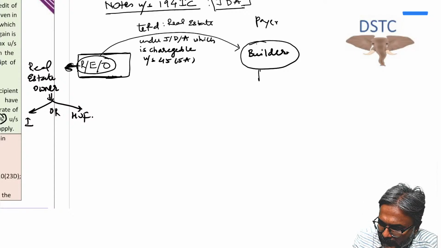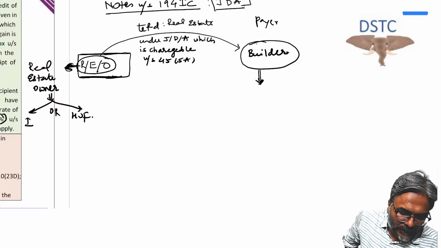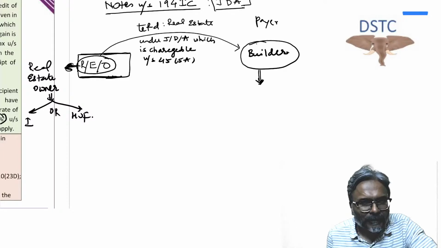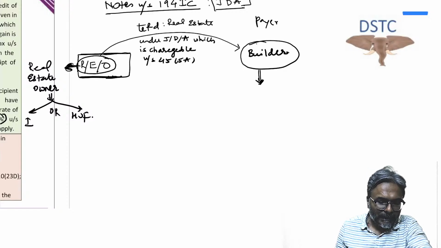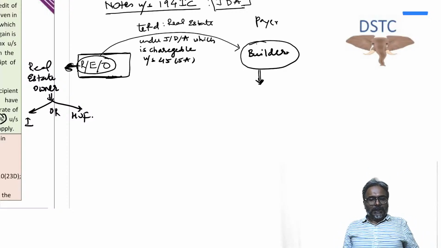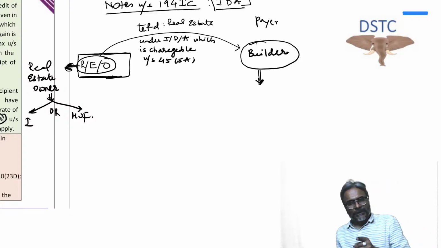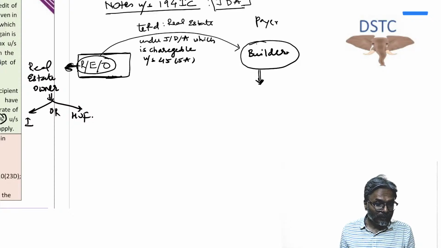Now what the builder, students, is going to do: if that is a small building or a bungalow, he will demolish that bungalow, and on that demolished bungalow he will construct a huge 30 tower building.